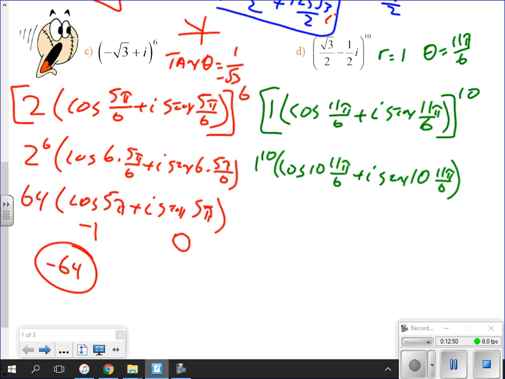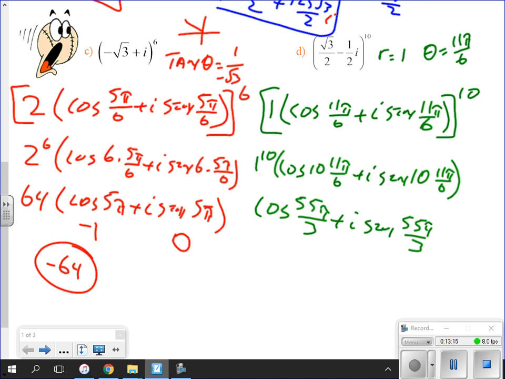55 pi over 3. Cosine of 55 pi over 3 plus i sine of 55 pi over 3. And then you've got to figure out how many times around the circle 55 pi over 3 is, and find a coterminal angle to go with 55 pi over 3.